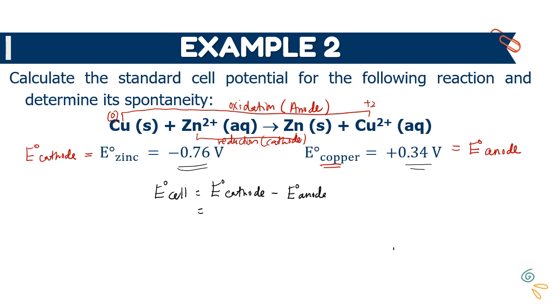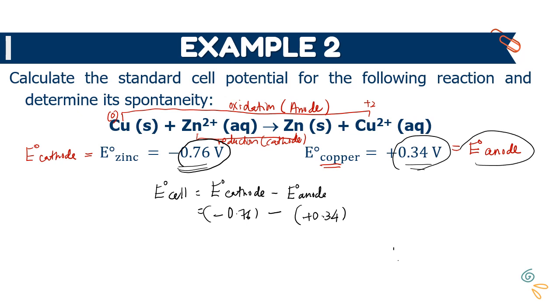The E naught cathode is negative 0.76, this one, minus the E naught anode, this one, positive 0.34 volts. And the E naught cell value that you will have is negative 0.42 volt. As you can see over here, you get a negative value of E naught cell.